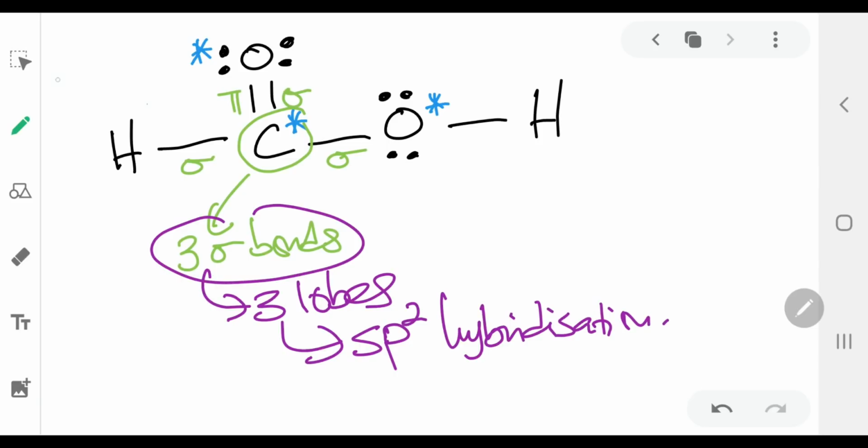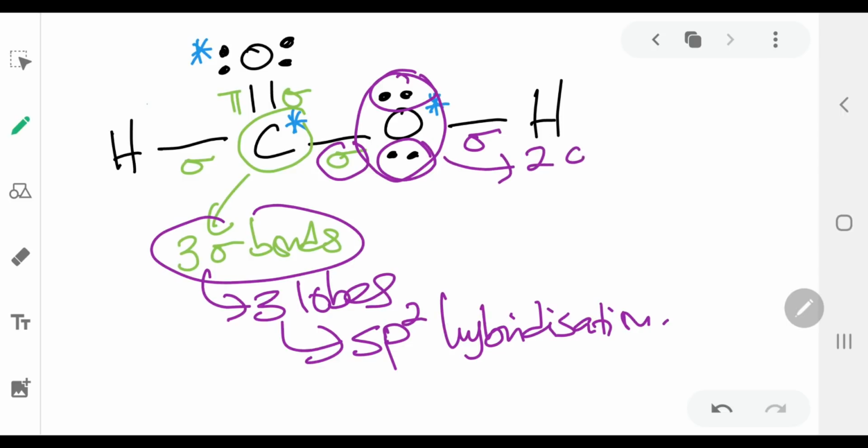Okay, for that one. And then for this one right over here, you have 1 sigma bond, 2 sigma bonds, and 2 lone pairs.